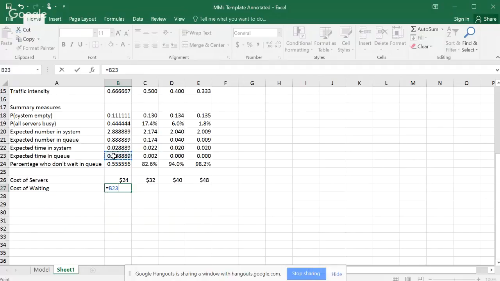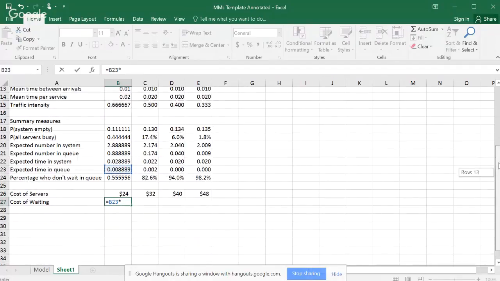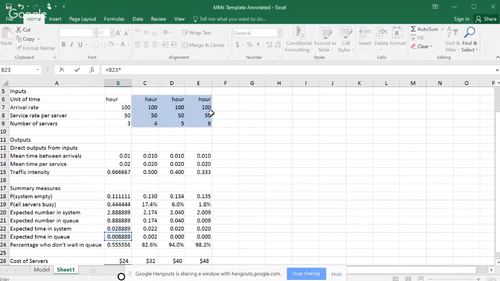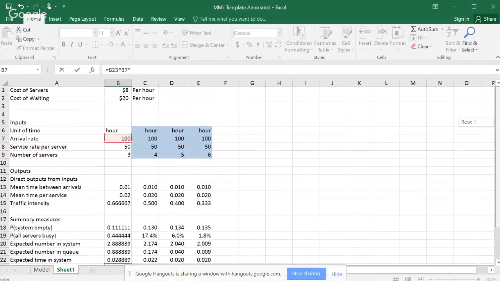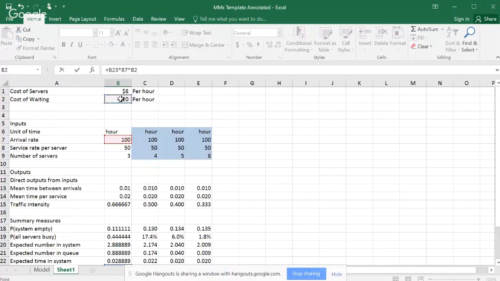How many people are going through this queue in an hour? 100. And so you have to multiply that time per person by the total number of people, okay? And then that cost can be multiplied by the $20, which is the cost per hour.